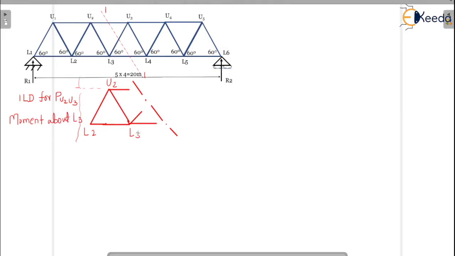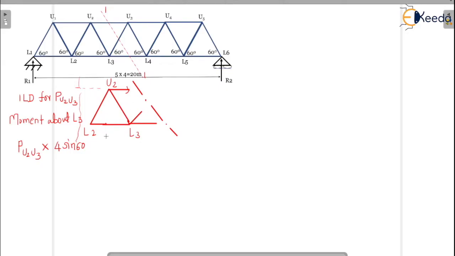When we consider moment about L3, what is the force here? We have to consider this distance, the perpendicular distance. So we can write P suffix U2 U3, because it is for that particular member, into 4 sine 60. If you draw a straight line here, it will be 4 sine 60.